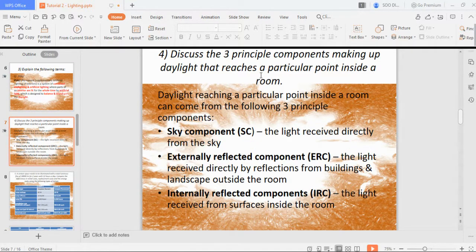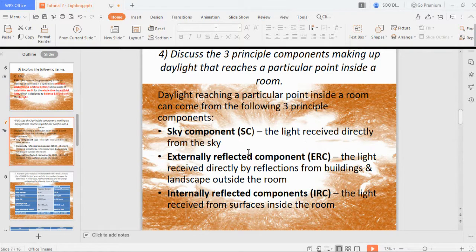The fourth question is to discuss 3 principal components making up the daylight that reaches a particular point inside a room. The 3 principal components are the sky component, which is the light you receive directly from the sky or the sun; the externally reflected component, the light received by reflection from buildings and landscape outside the room; and the internally reflected component, the light received from surfaces inside the room.